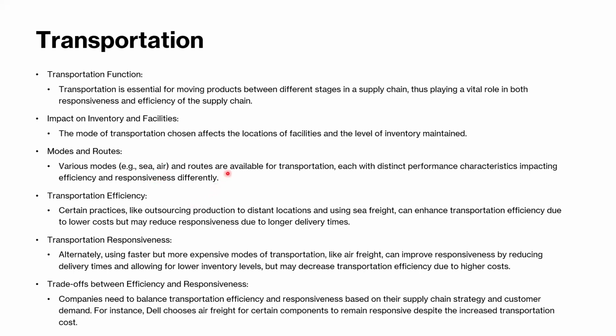And routes are also available, especially when you are transporting raw materials or finished goods from one place to another place, which is quite far. It can be in the same country, same region, same province, but in most cases it can be in another country or a different province and so on, right?